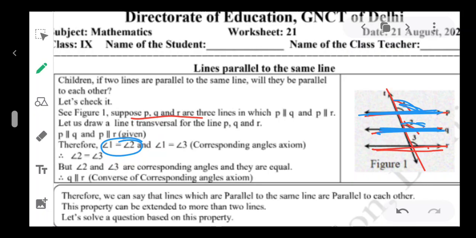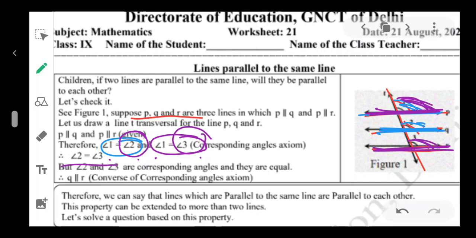Again, this line P and R, this line parallel, then angle 1, this one, and angle 3, this one, must be equal to each other. Okay, 1 is equal to 3. But 1 is equal to 2 and we are saying 1 is equal to 3. It means angle 2 must be equal to angle 3.